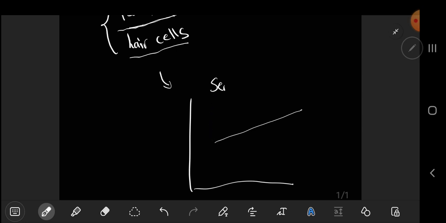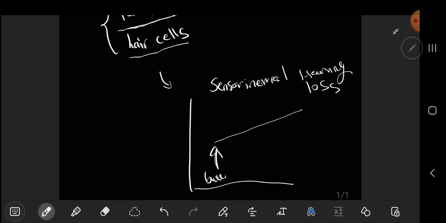Namely, we see sensory neural hearing loss, because damage to the hair cells causes sensory neural hearing loss, and it's in the lower frequencies. Here are the higher frequencies. They can be okay at the start, but the lower frequencies are damaged and the thresholds are higher.